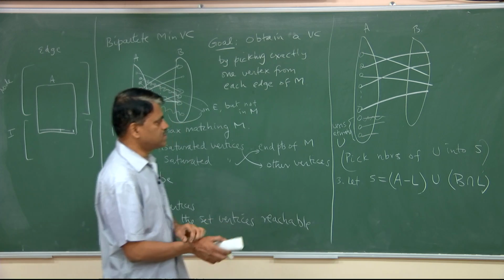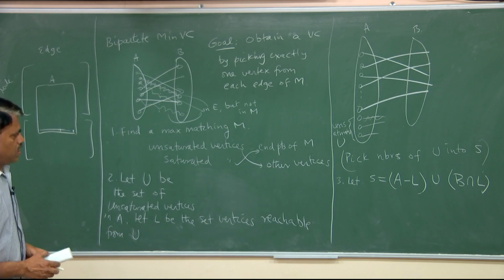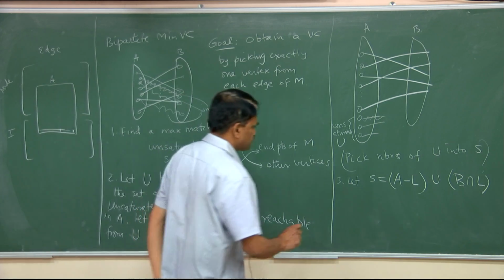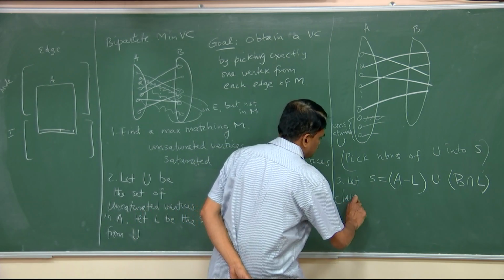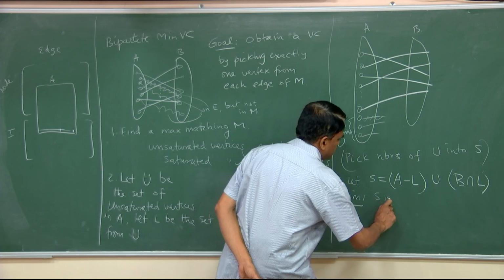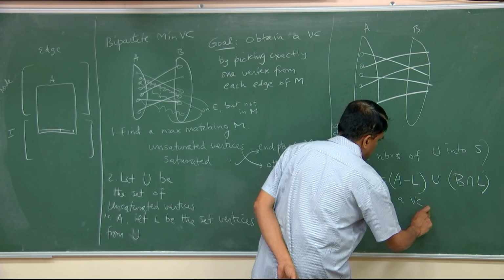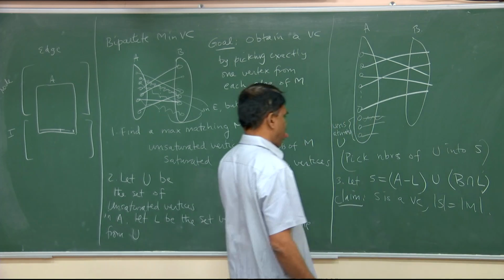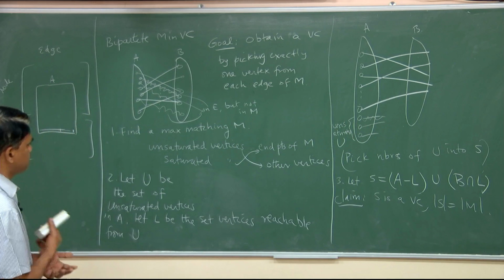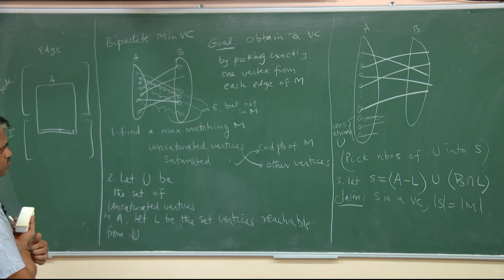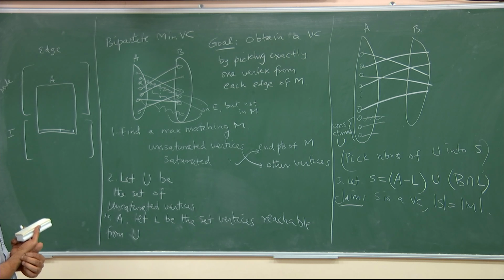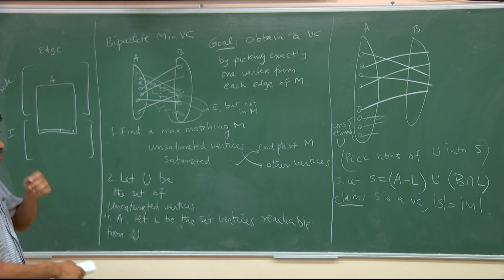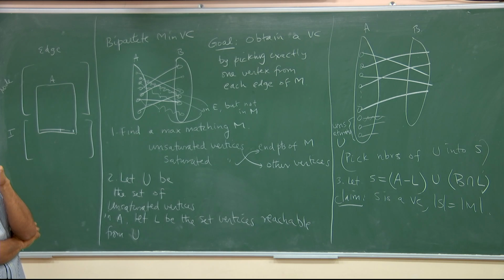Now the claim is that S is the vertex cover, and the cardinality of S is equal to the size of the matching. A minus L, yeah, excludes the unsaturated vertices in A. Correct.